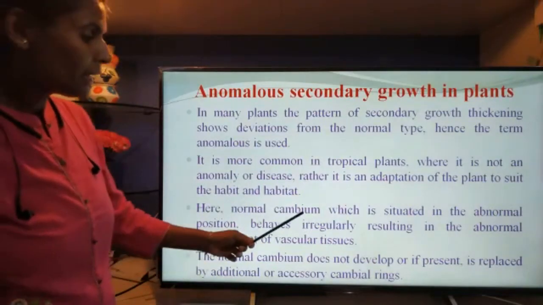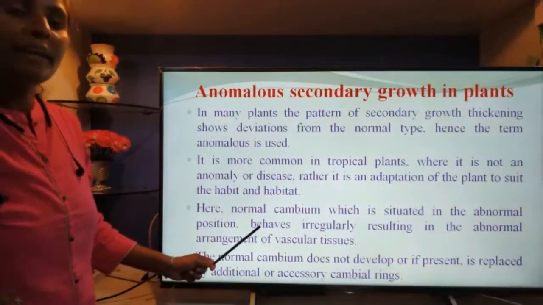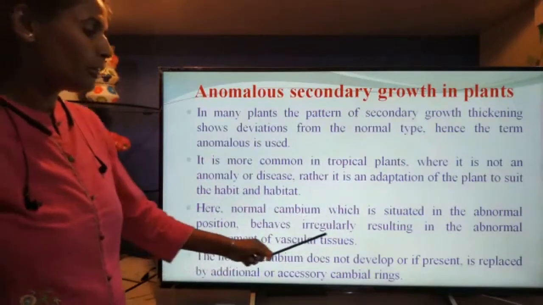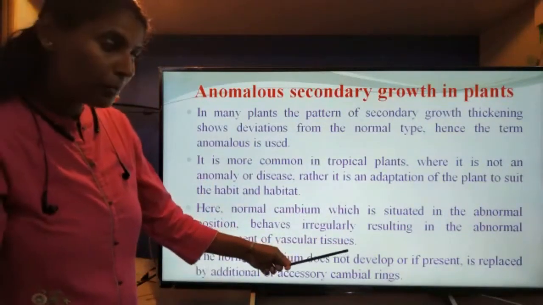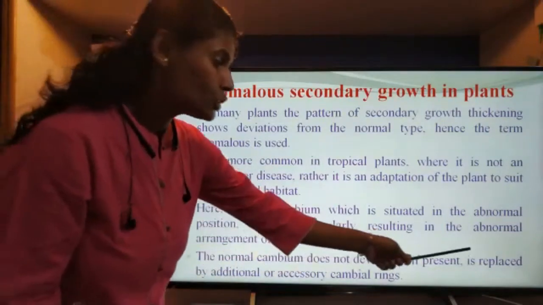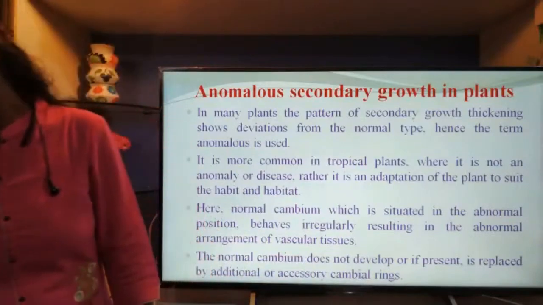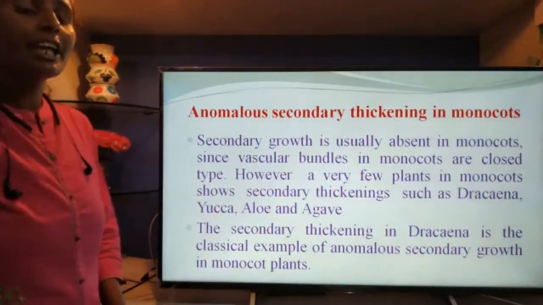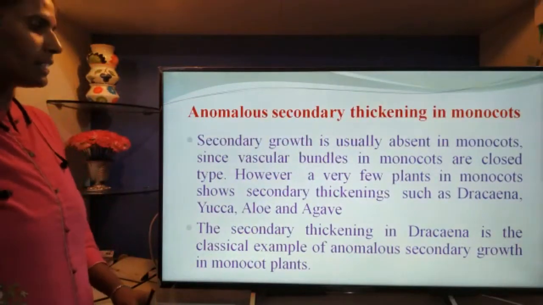Here, normal cambium, which is situated in an abnormal position, behaves irregularly, resulting in the abnormal arrangement of vascular tissues. The normal cambium does not develop, or if it is present, it is going to be replaced by additional or accessory cambial rings. Secondary growth is usually absent in case of monocots because the monocots have closed vascular bundles.